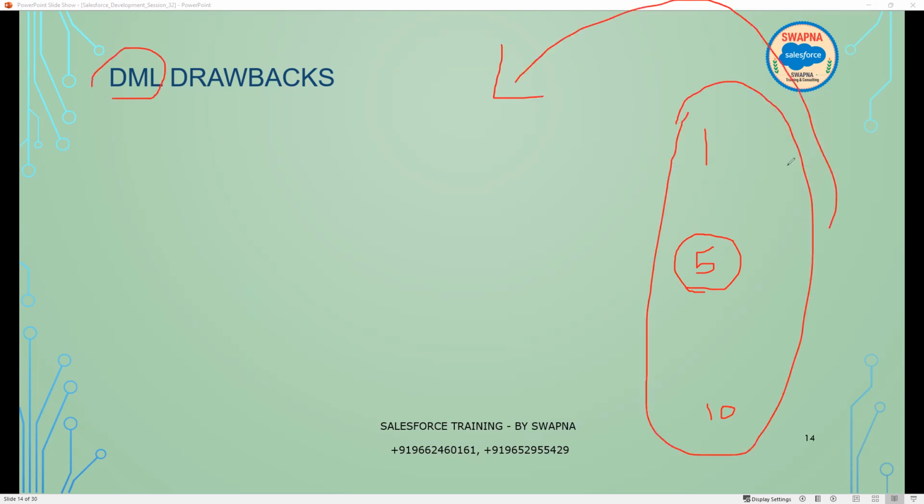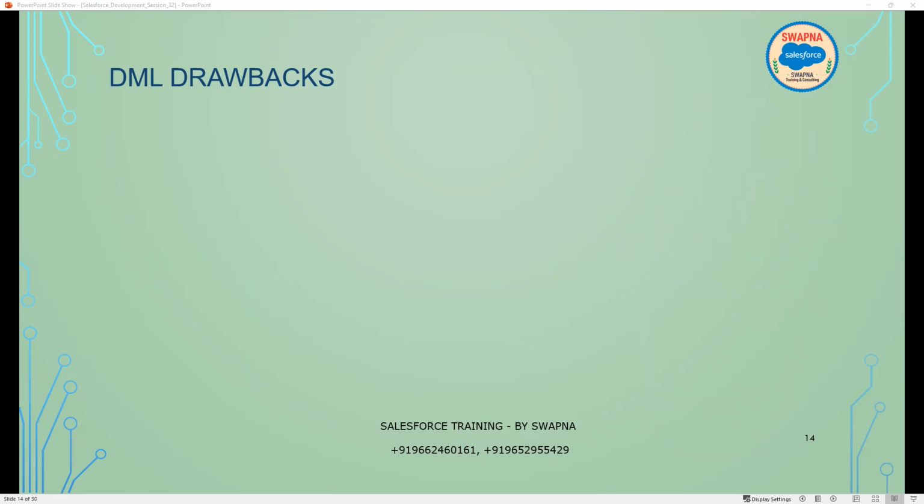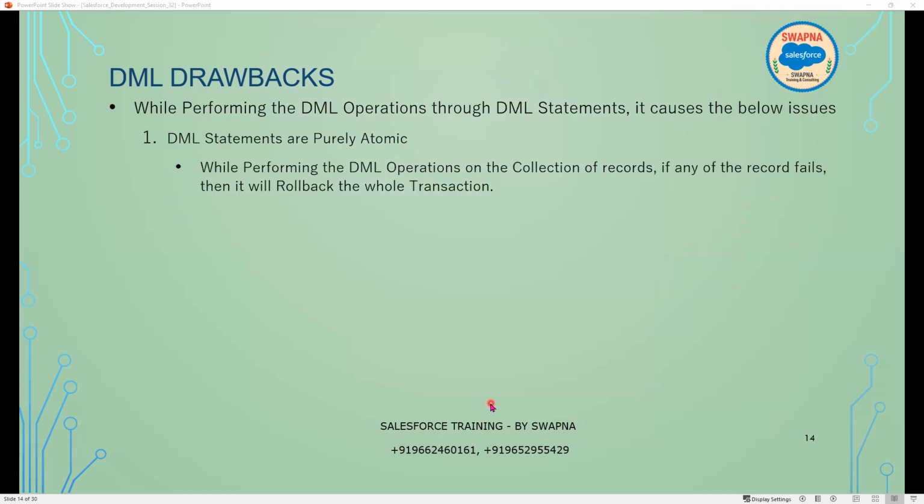When I say rollback, whatever records 1 to 4 were updated are also removed. That means none of the records get updated or inserted. Even if a single record fails, everything fails. So basically DML statements are purely atomic.